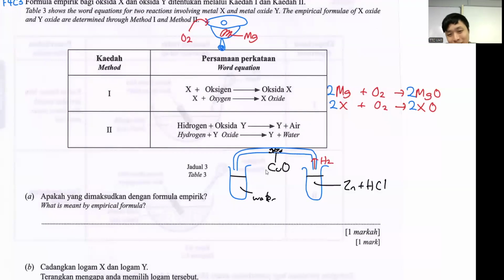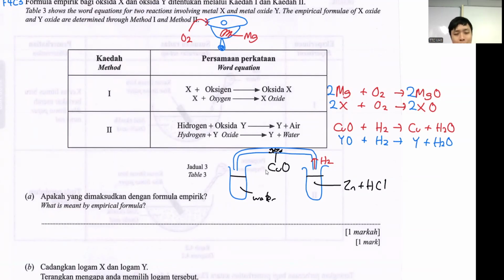You got two examples, right? Learn from Chapter 3. So this one is the CuO reacting with hydrogen gas to get copper and water. Or in this case, YO reacts with hydrogen gas to produce Y plus H2O. Doesn't matter. So you got two experiments.